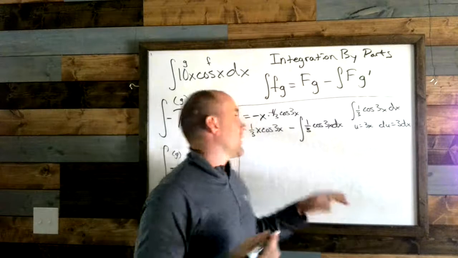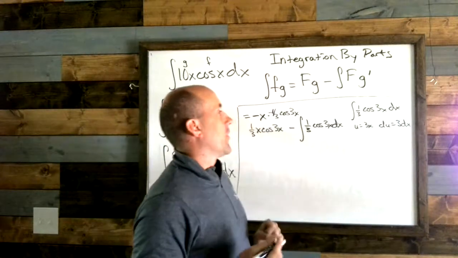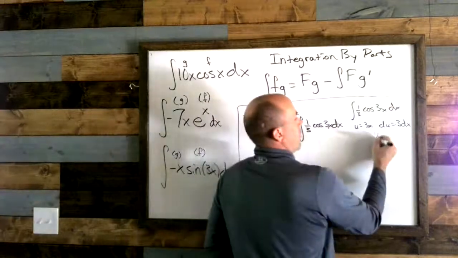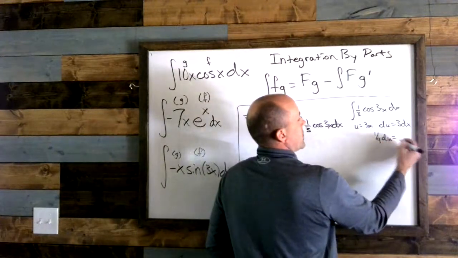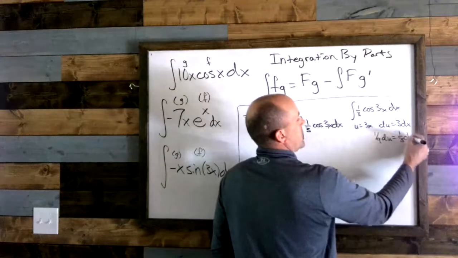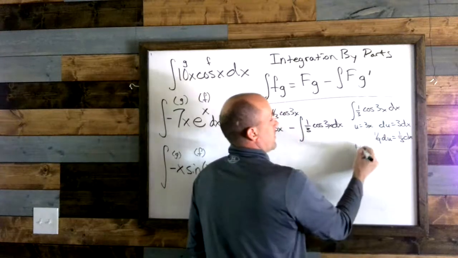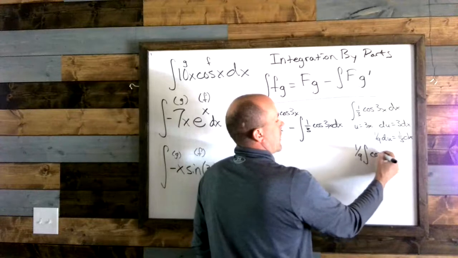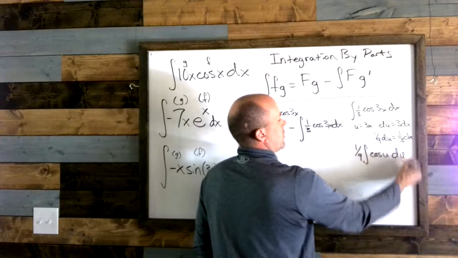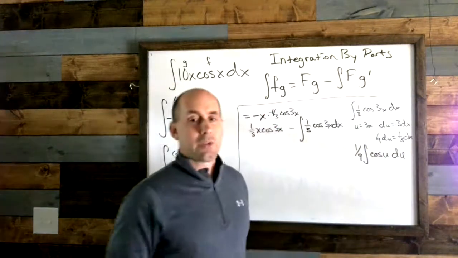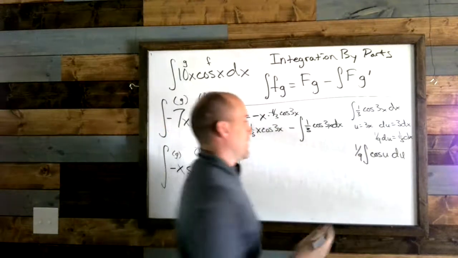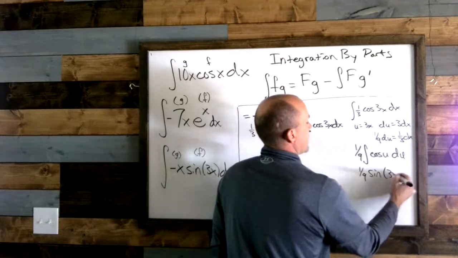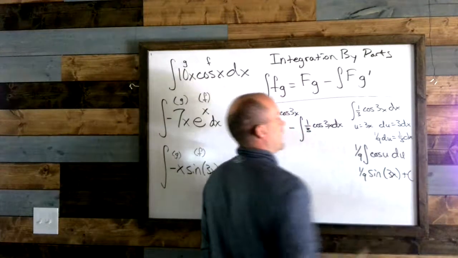So how am I going to come up with a 1/3? Well, if you have 3, we're going to have to divide by 9. 1/9 du is equal to 1/3 dx. So it becomes 1/9 integral of cosine of u du. The antiderivative of cosine is just sine: 1/9 sine of 3x plus c.